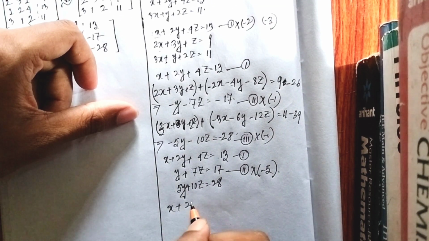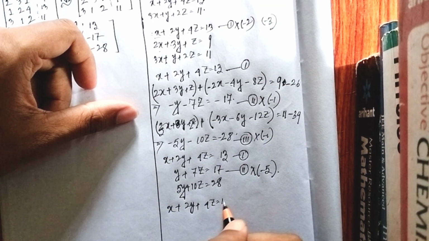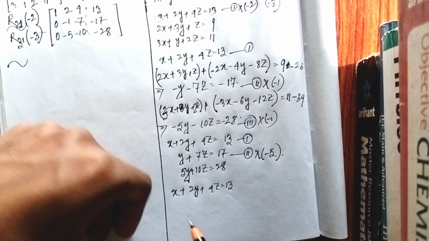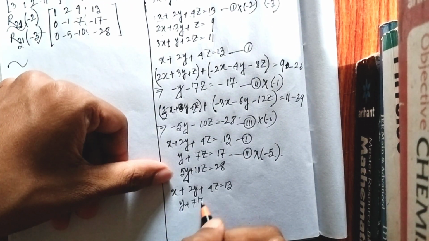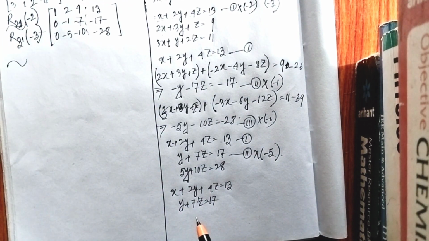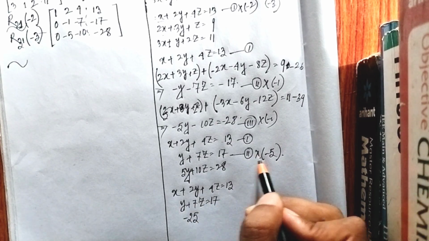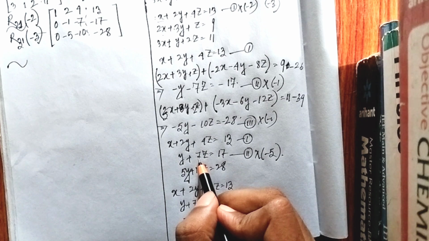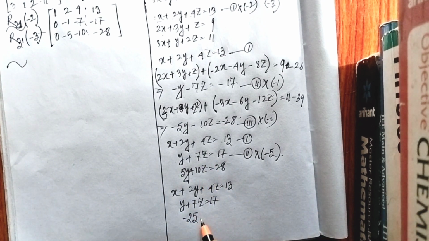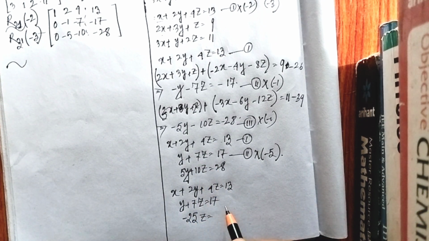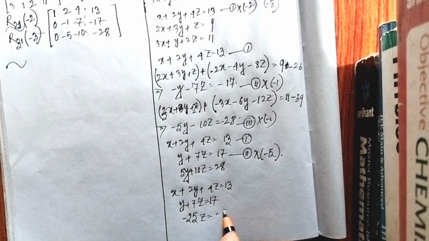So x plus 2y plus 4z equal to 13. So these are all valid operations I am doing here. So this is y plus 7z equal to 17, and this is going to be minus 25, because after this will cancel out, and minus 35 plus 10, minus 25z equal to minus 57.